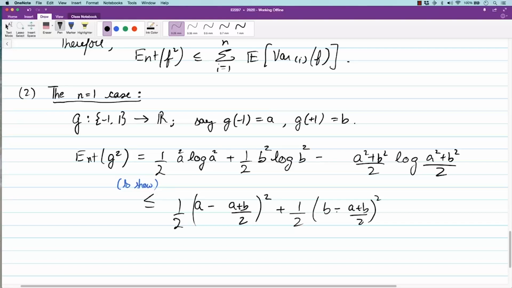These are both (b minus a)/2 square. So with probability half, this is the mean, with probability half you take the value a, you get this, with probability half you take the value b, you get this. So you get (b minus a) square by 4.